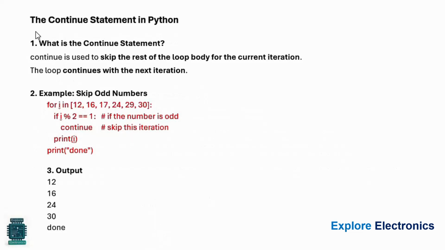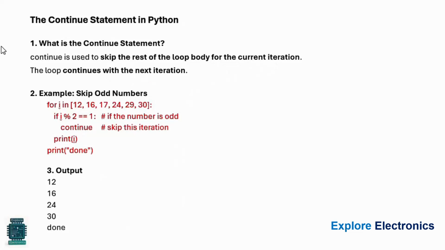And the second concept is the continue statement in Python. Let us see how exactly the continue statement works in Python. What is the continue statement? Continue is used to skip the rest of the loop body for the current iteration.